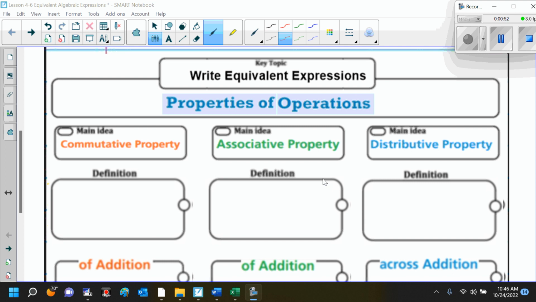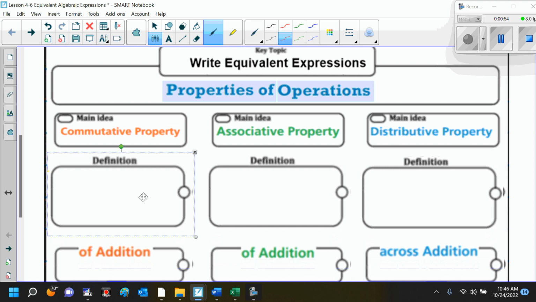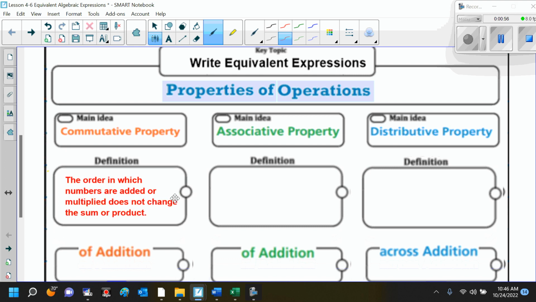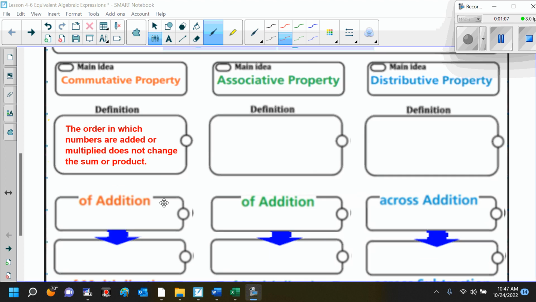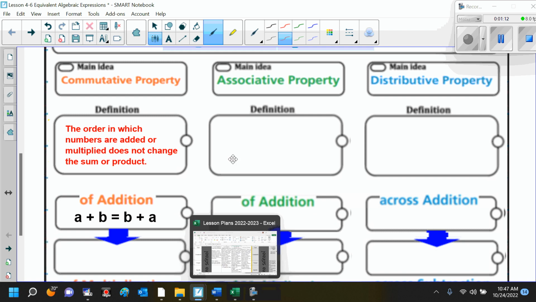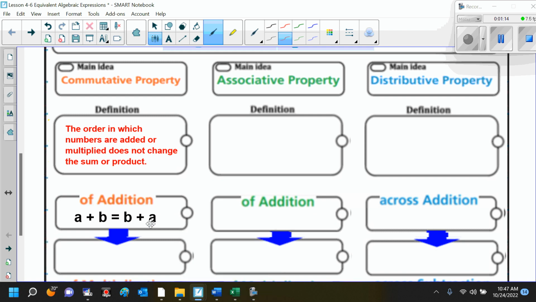The commutative property is the one that says the order in which numbers are added or multiplied does not change the sum or product. So for addition, A plus B is equal to B plus A. If I put numbers in there, 3 plus 4 is equal to 4 plus 3.